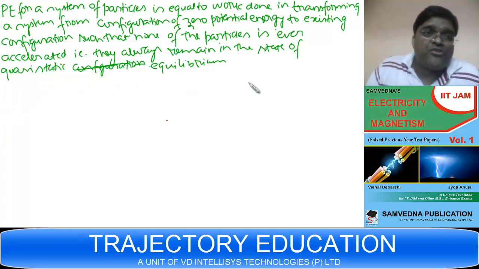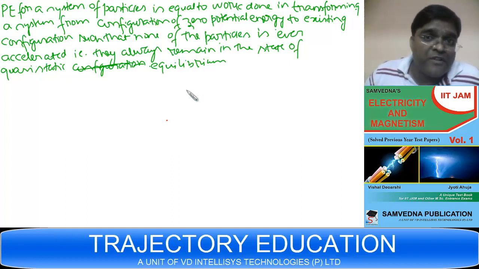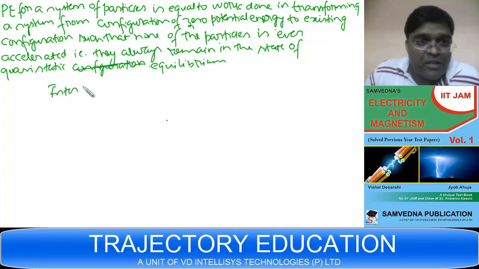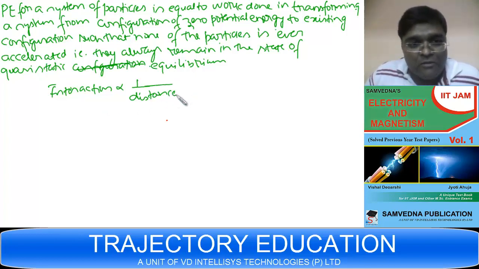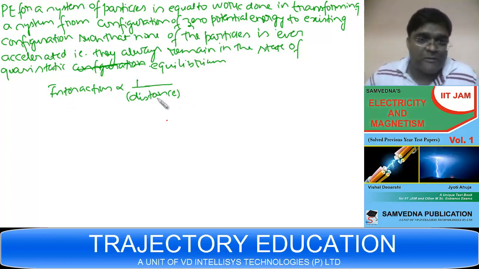Or if we assume that interaction among particles has inverse variation with the distance, which usually is the case for every real force, it can be distance square also, like the electrostatic force, even the gravitational force is distance square, but again I'll call it inversely proportional to distance.